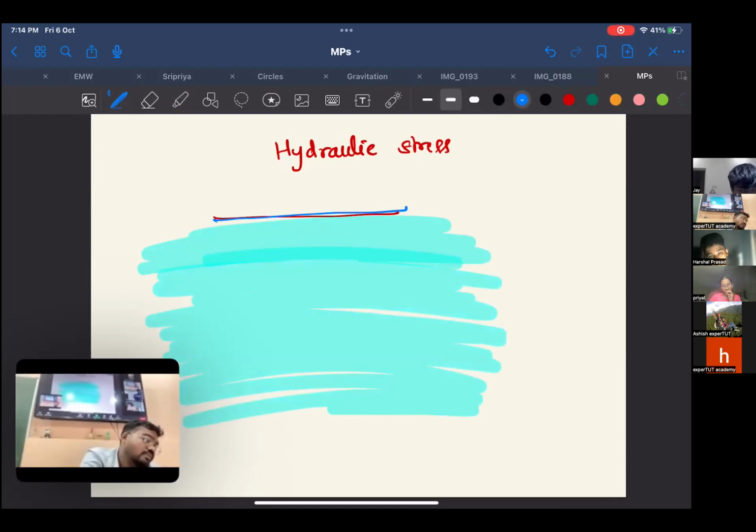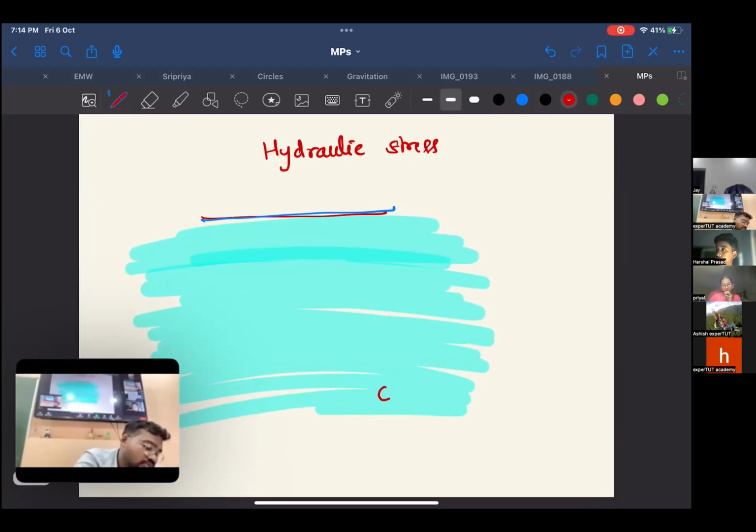If you release a bubble from the bottom of the water, it'll rise up. When it rises up, it becomes bigger in size. First write this observation: bubbles become bigger in size when they rise in water. Which bubble? Air bubble.